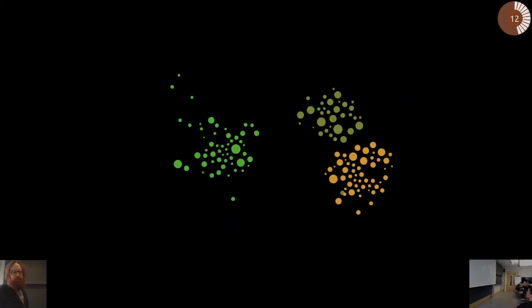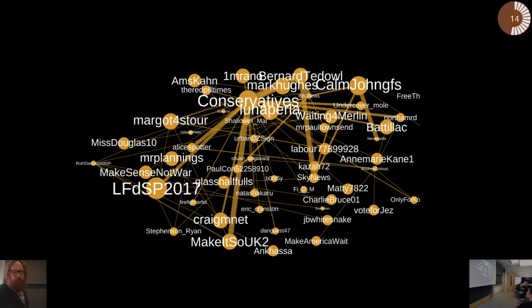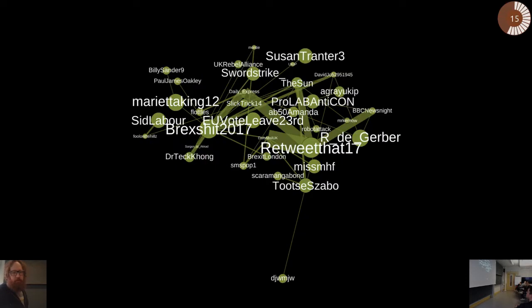So then it's an interesting question: if we know those two, one the green and one the orange, what is the other one? We can of course zoom in closer on this, but it seems to be more of an activist, rebellious, agitating type of cluster, which is about Brexit and UK Rebel Alliance and some tabloid and something called Robot Attack, and also BBC Newsnight and the Sun.